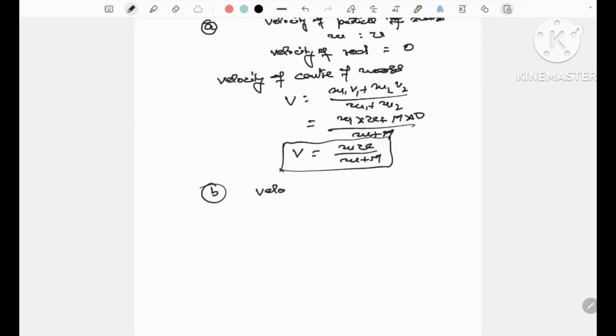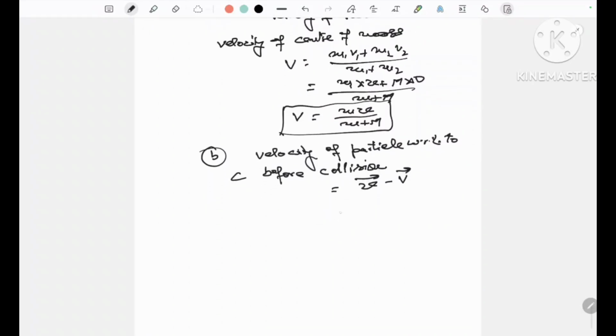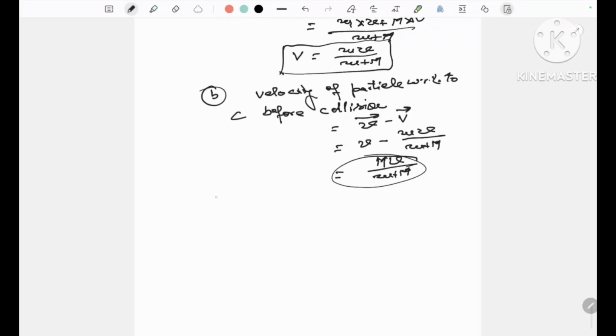Velocity of particle with respect to C before collision will be v vector minus capital V, v minus mv by m plus m, or mv by m plus m.